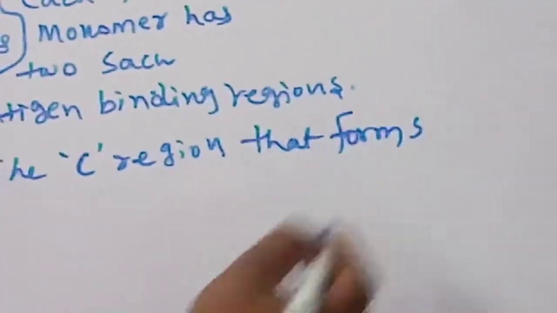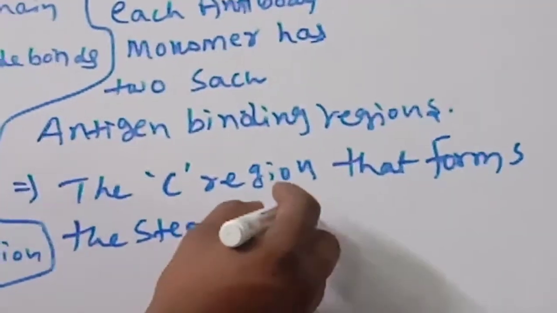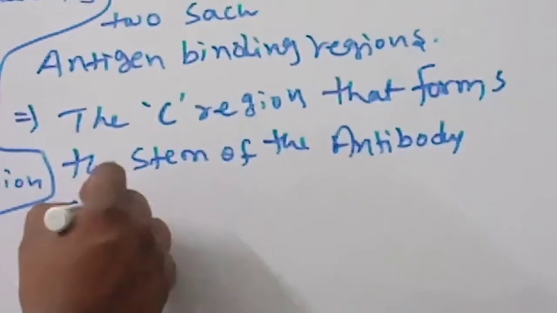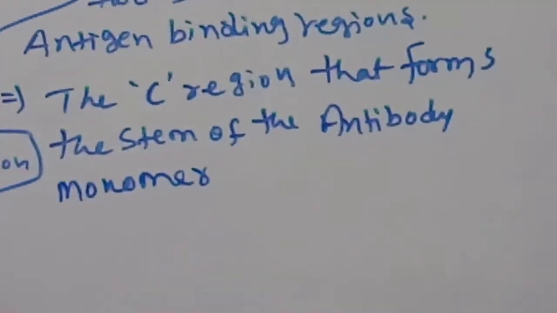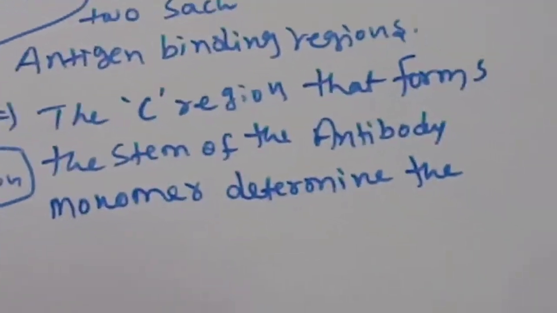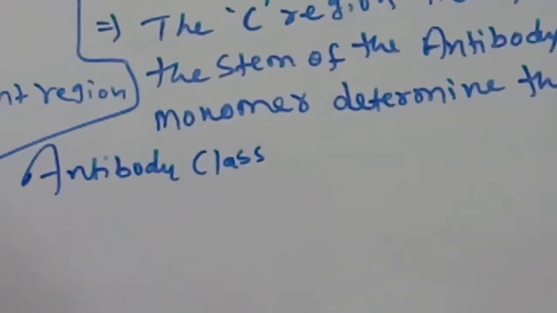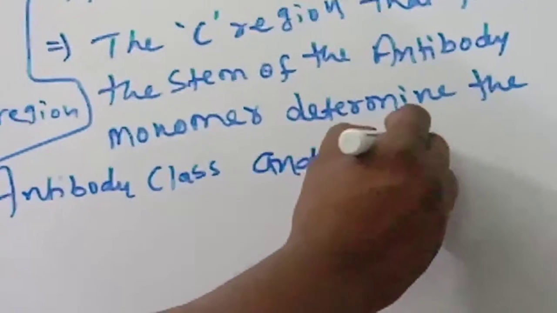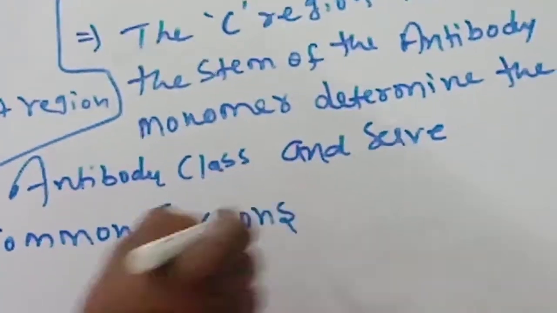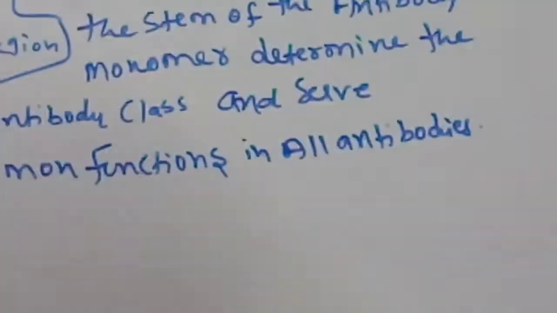The C region that forms the stem of the antibody monomer determines the antibody class and serves common functions in all antibodies.